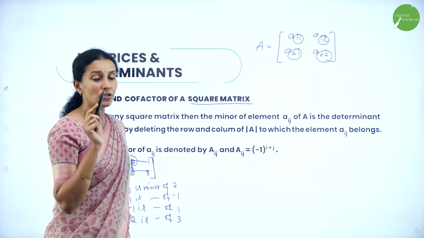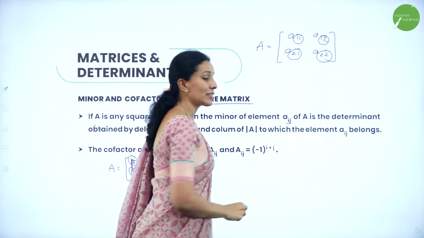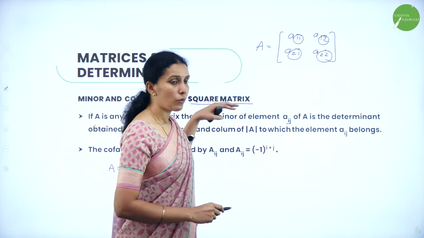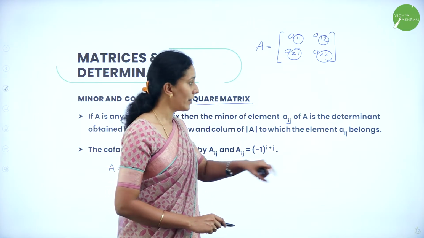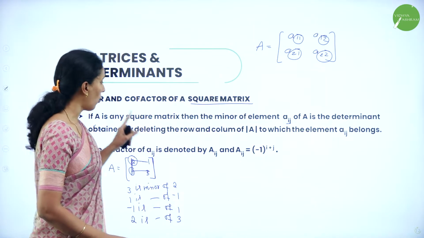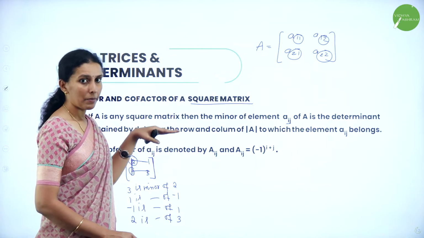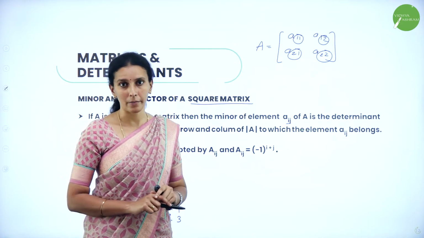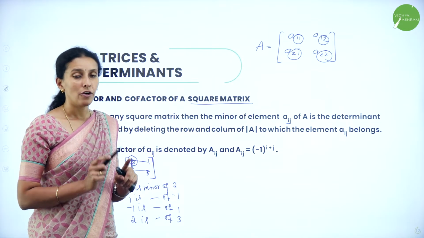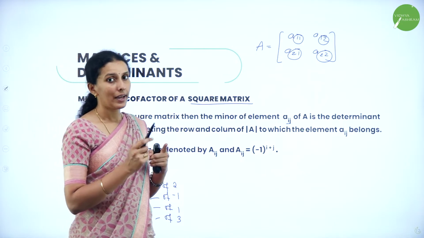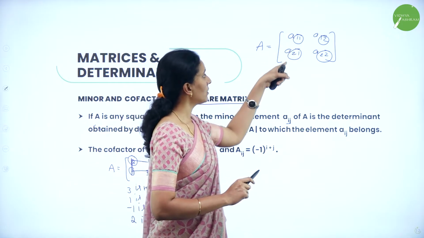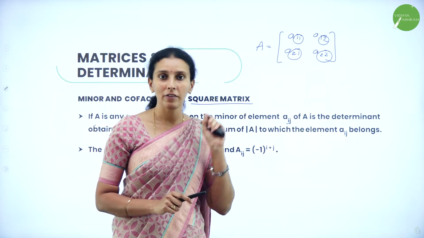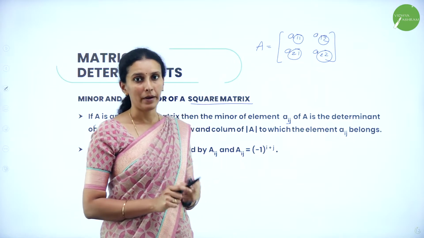So ij represents the place of each element inside the matrix A. Whenever you want to find the minor of that element, it is always the determinant of the remaining elements obtained by deleting the row and column containing that element. That is possible in case of a 3 cross 3 matrix. In case of a 2 cross 2 matrix, if you delete the row and column, the remaining element will be only 1, and that element is itself the minor of the given element.